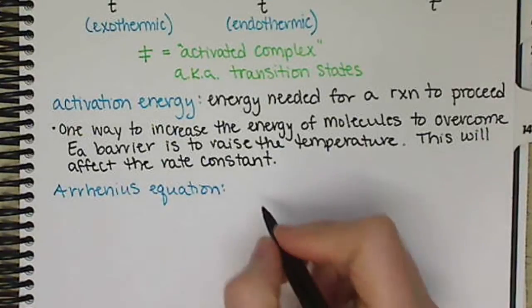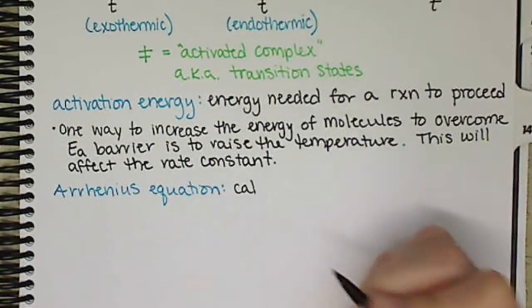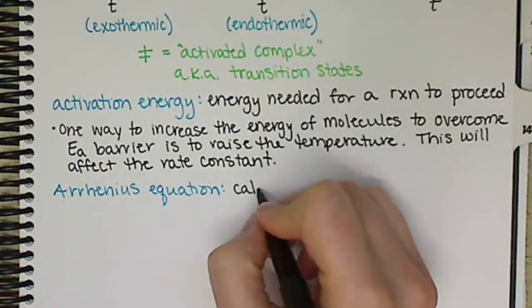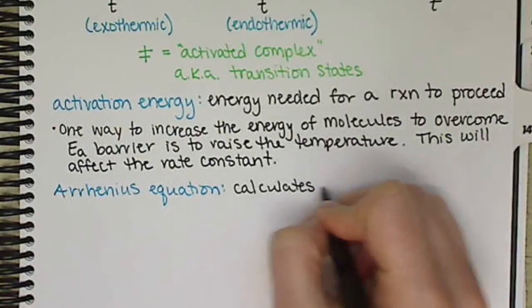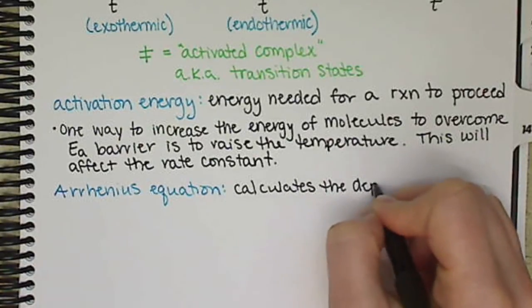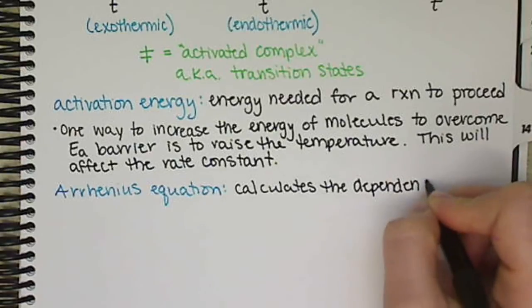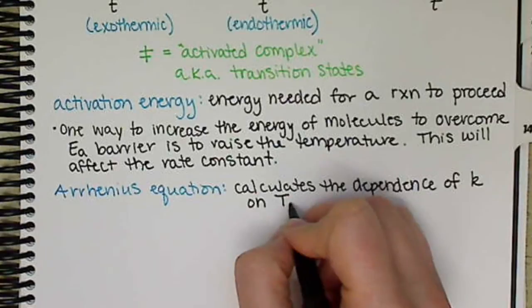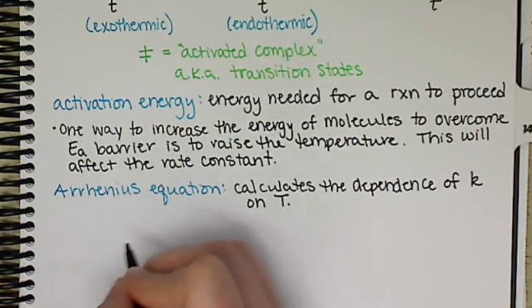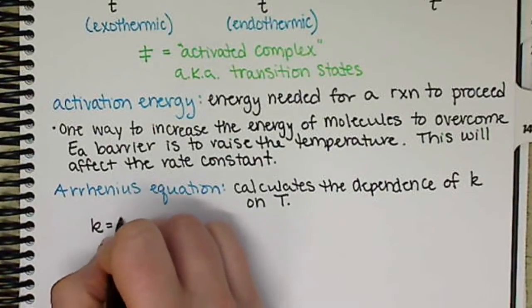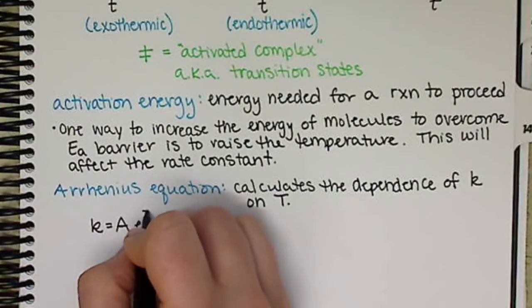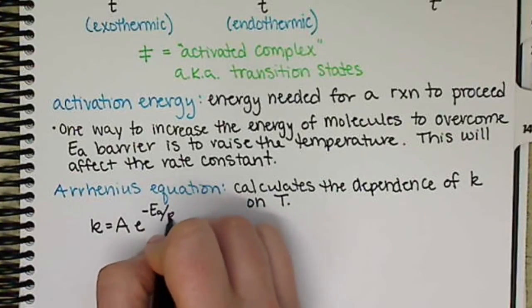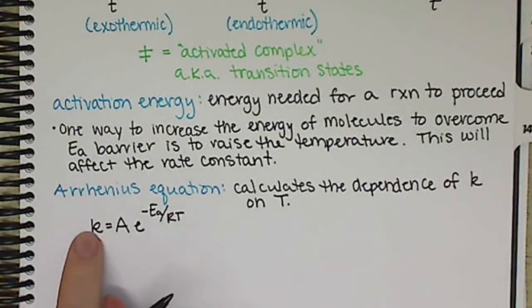So our Arrhenius equation is going to calculate the dependence of our rate constant on temperature. Our rate constant k is equal to A, which is called a frequency factor.